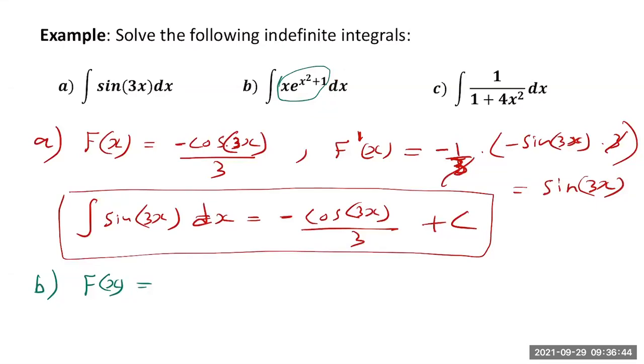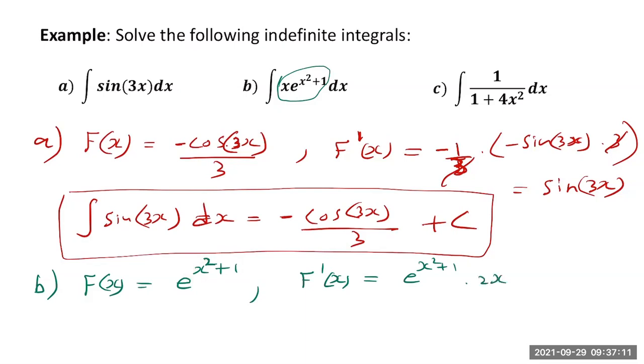Well, you have e to the power x squared plus 1, so let's try that. What is its derivative? It is e to the power x squared plus 1 times the derivative of the exponent, by chain rule, that is 2x.